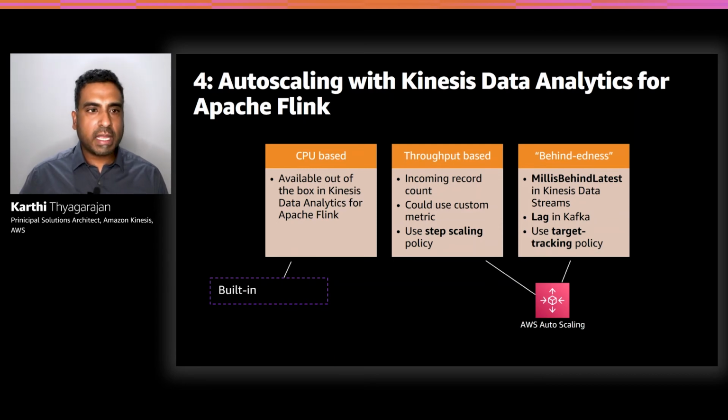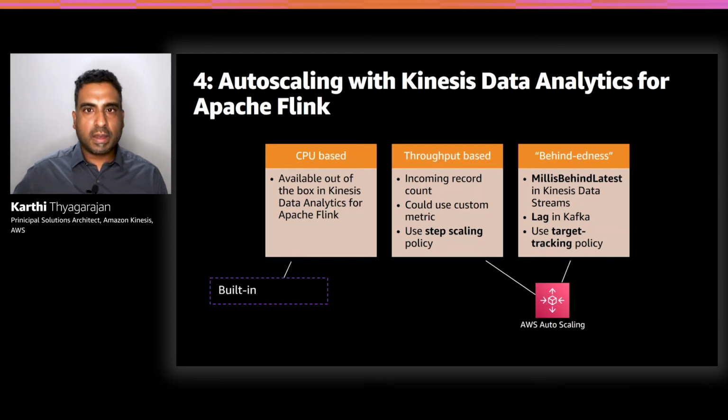And you have a Kinesis Data Analytics for Apache Flink application consuming from this Kinesis data stream. By default, you can take advantage of the CPU-based autoscaling that is built into Amazon Kinesis Data Analytics for Apache Flink.